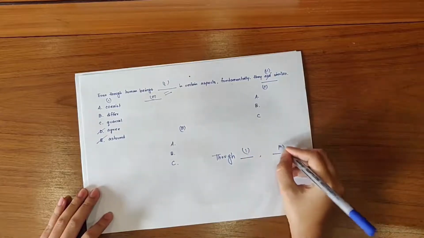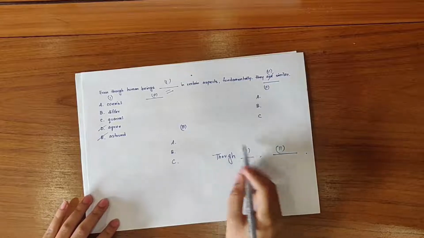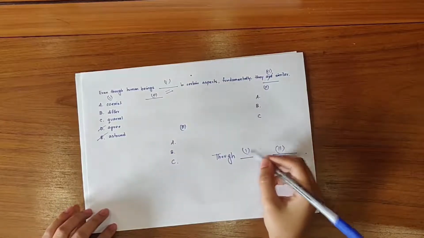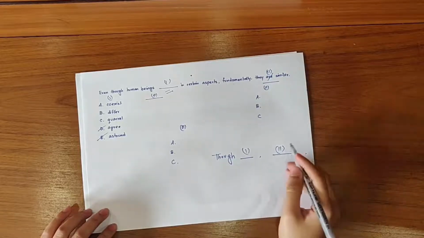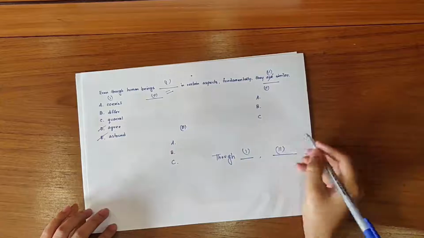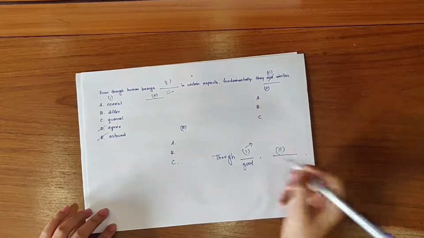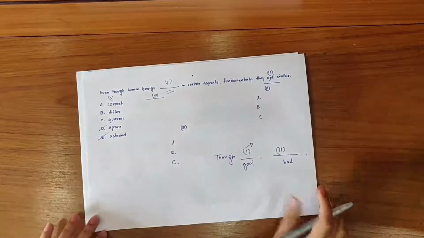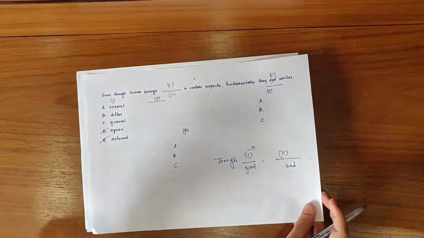Now as you can see, since the sentence starts with though, usually whatever word you would put in blank 1, the word in blank 2 will point in the opposite direction. For example, if this is good, this must be bad. Now this is a very generalized view that I'm giving you. In reality, it's a bit more complex, but this is the main idea.